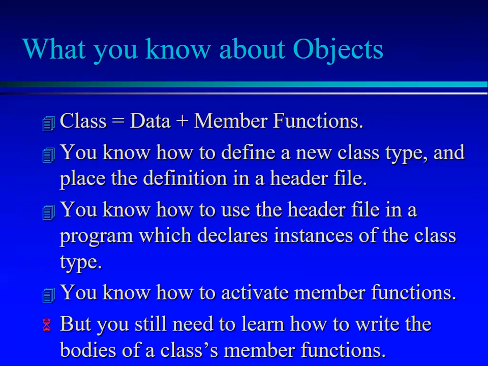And we also know how to write a header file and how its contents can be accessed in other programs. We know how to use the header file in a program which declares the instances of the class type, meaning how to declare the object.